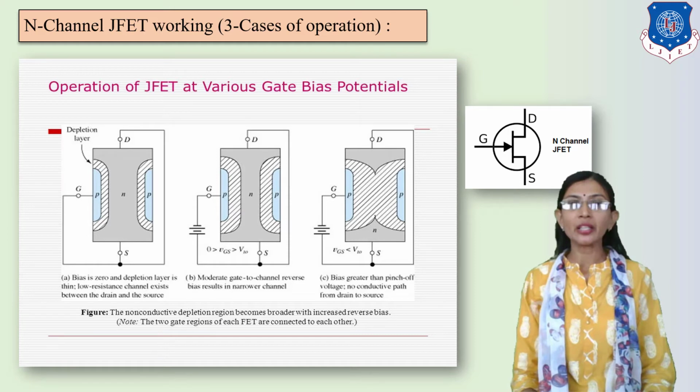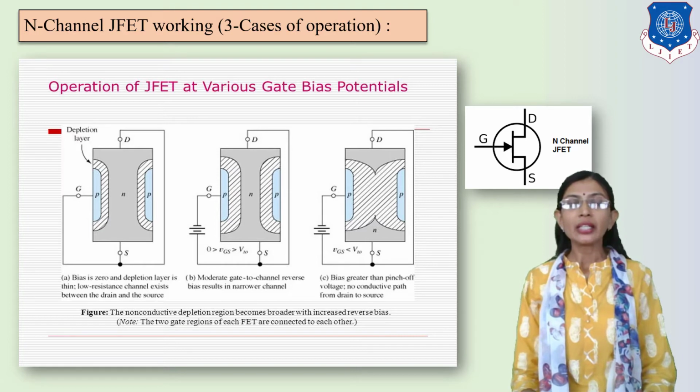Thus, we can say that the channel is blocked. In the third case, if the channel is closed or blocked, there is no drain current, no output current available. So, we can say ID is equal to 0, ID being the output current, the drain current.